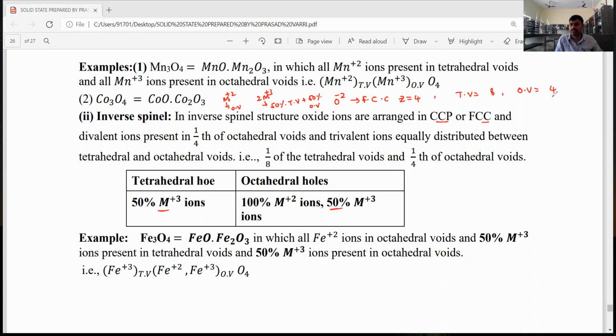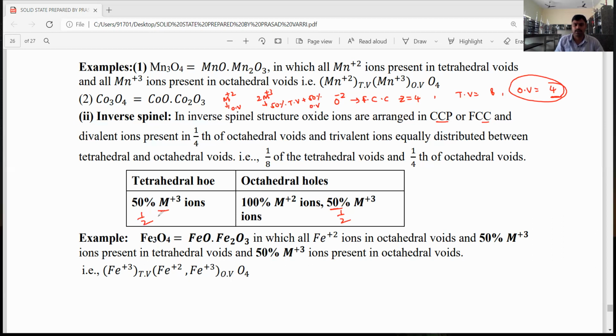So octahedral voids, how many are present, dear students? 4 are present. So out of that 4, here 2 only are present. Their 50% means here 1/2 part, and here also 1/2 part will be present, of 50 and 50%.